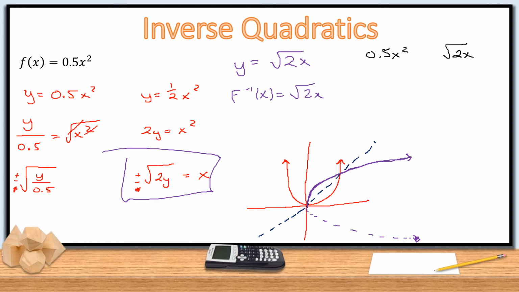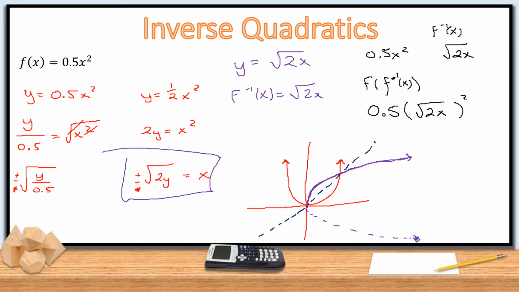So what we would do is say, okay, f of f inverse of x is what? So f of x is 0.5 times x all squared. G of x, or f inverse of x, so that's this one over here, is root 2x, so we substitute in the root 2x here.